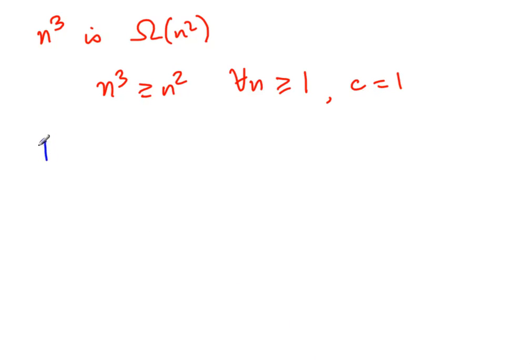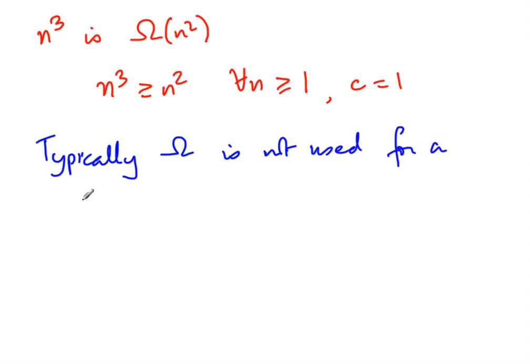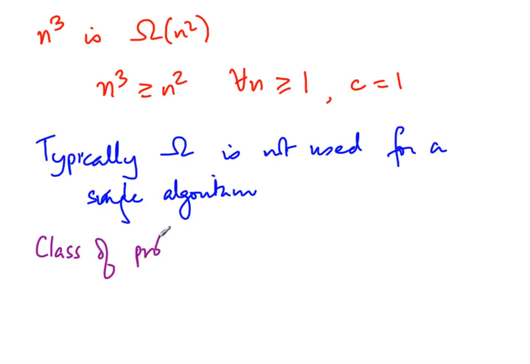So now this is actually not very common in terms of individual functions. Typically this omega notation is not used for a single algorithm or a single function f of n. So usually we will use it for a class of problems. Okay, so a lower bound says there is no faster algorithm.